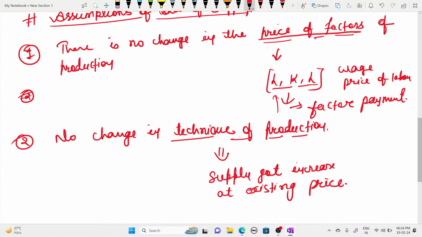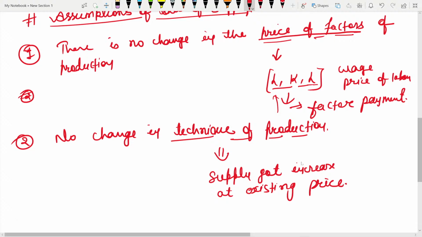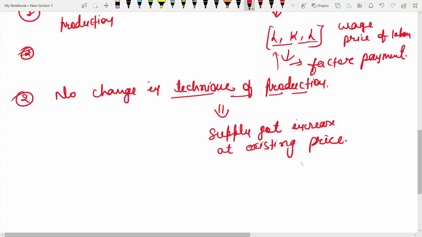Therefore, there are certain assumptions given there which must be followed if we follow the law of supply. And other things, third, there is no change in the goal of the firm.